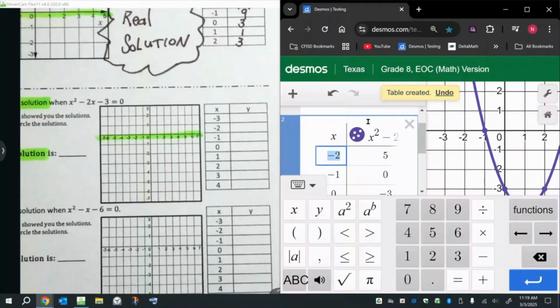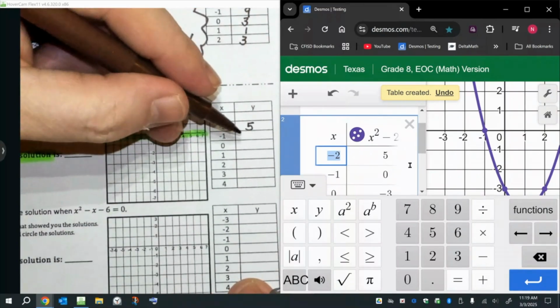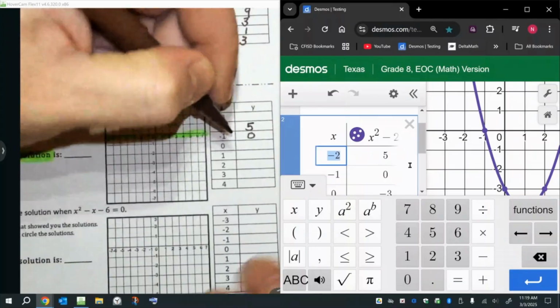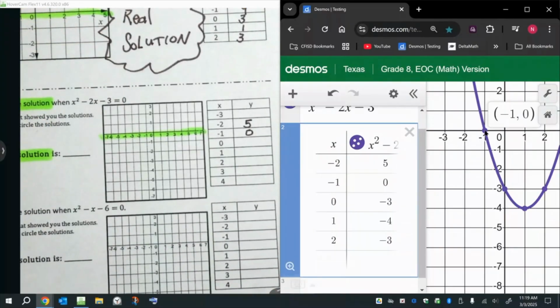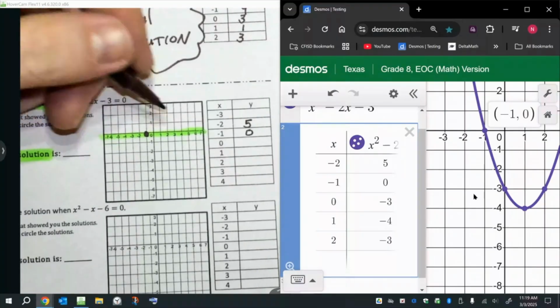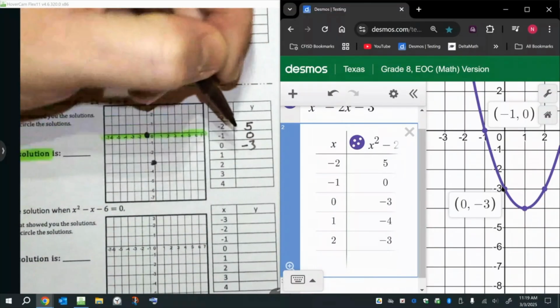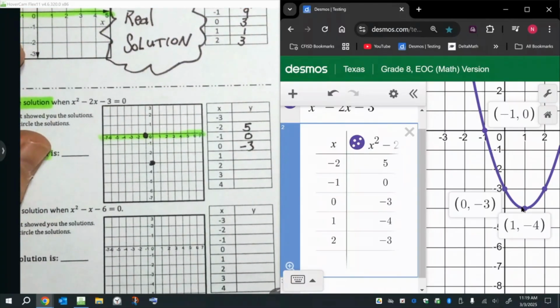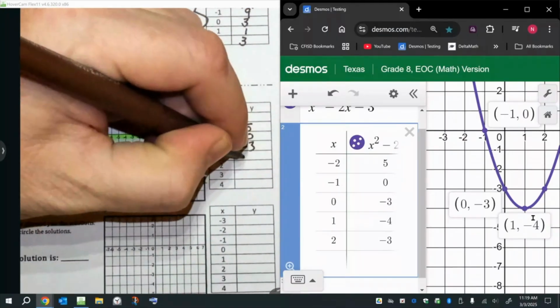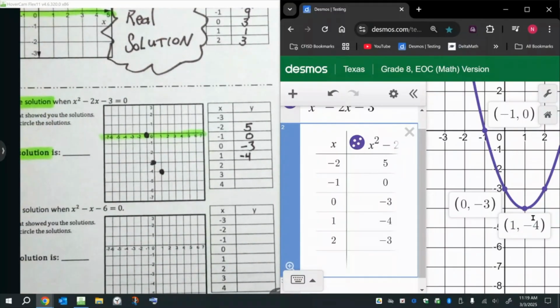All right, so at -2 is 5. I can't actually plot that. At -1 is 0. -1, 0, that's right here. At 0 goes with -3. At 1 goes with -4. He has a special name. Maybe you remember him from the last units.